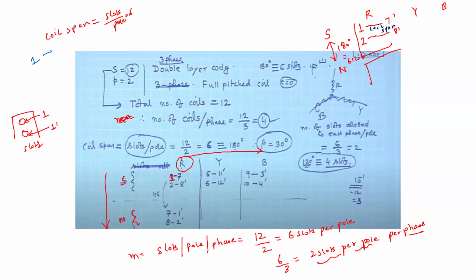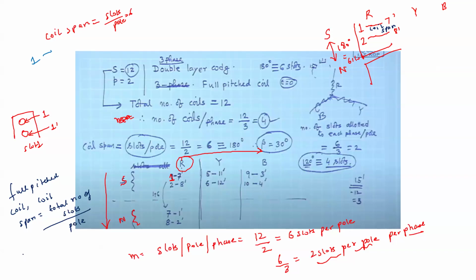It will be mentioned in the question whether it is a full pitched coil or whether the coil is short pitched by some number of slots, so you can identify. For a full pitched coil, the coil span equals the total slots per pole.